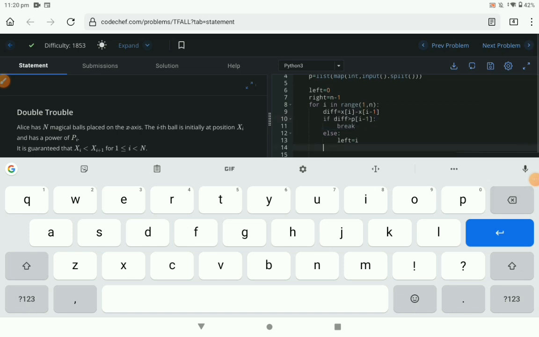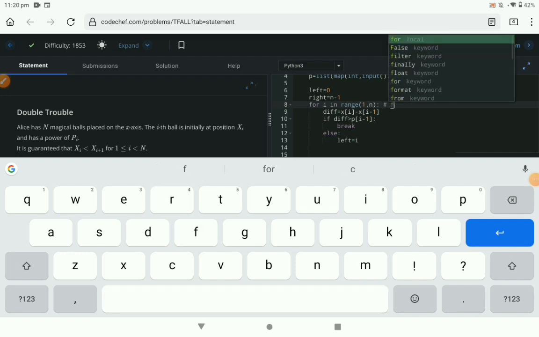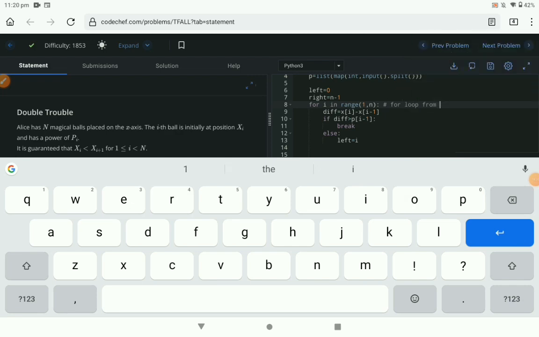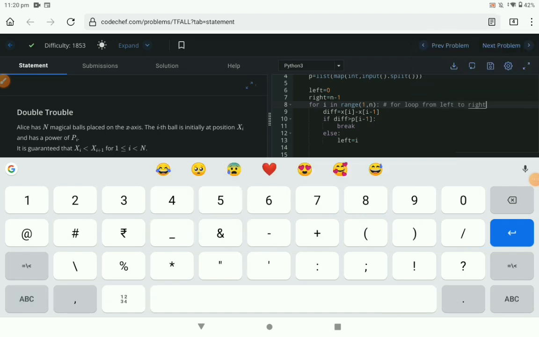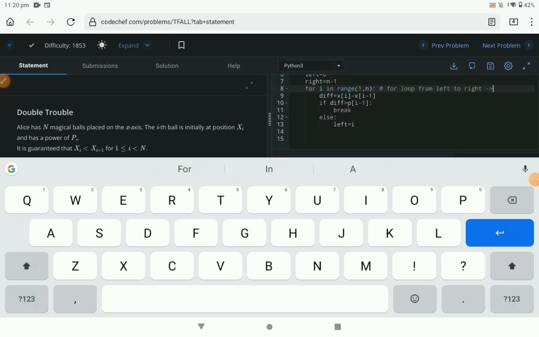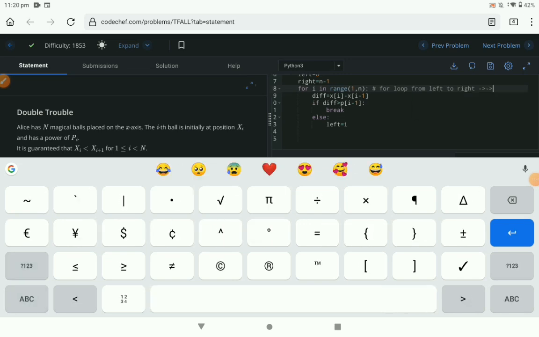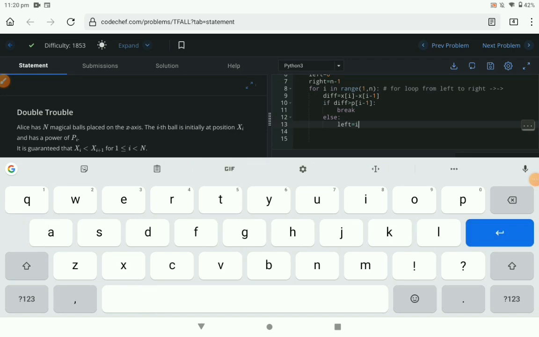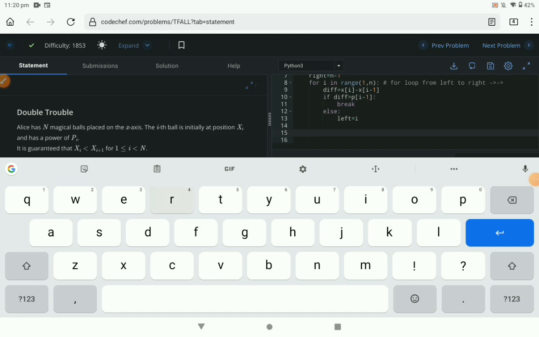And the for loop from left to right. And now we will run a reverse for loop.